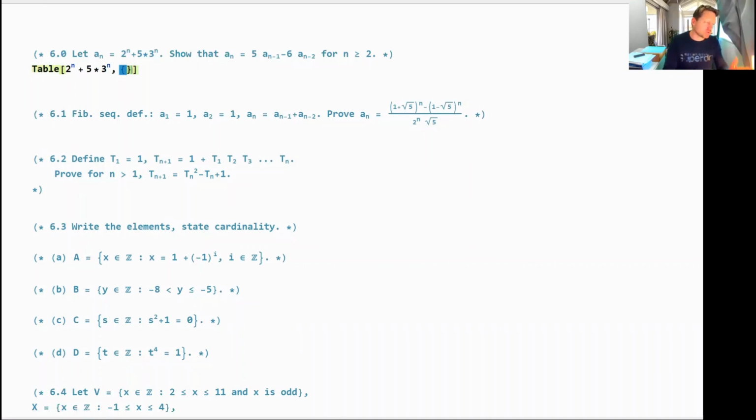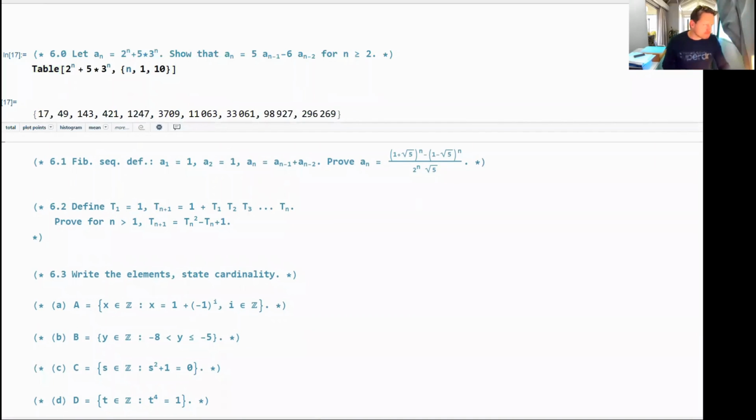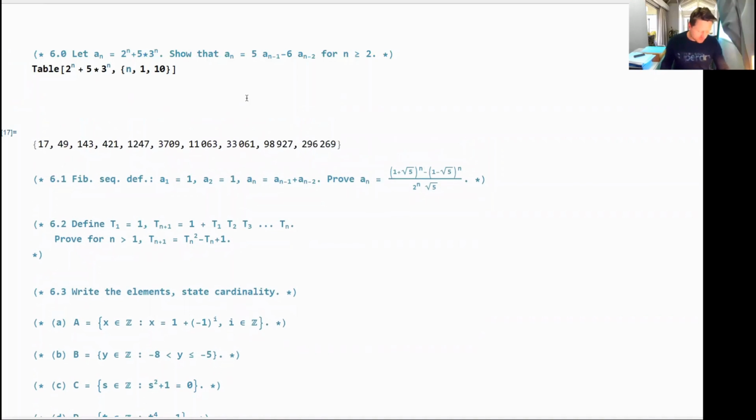It's really simple to see what I'm doing. So n goes from 1 up to, say, 10, and we'll just have a list of some terms. So this is the first 10 terms of this sequence, which is interesting. But let's proceed now to do this.